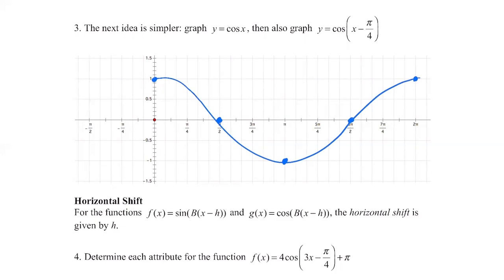Now, cosine of x minus pi over 4. Well, if I plug in the same values, we'll note something interesting happening. When I plug in, let's do it in red, cosine of 0 minus pi over 4, I would have to actually evaluate the cosine of negative pi over 4.